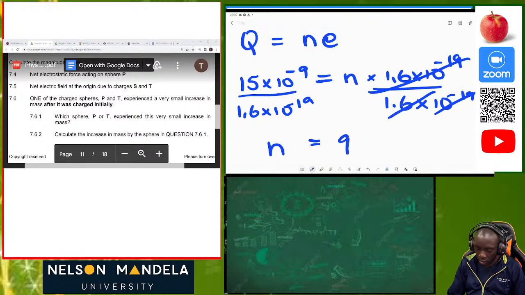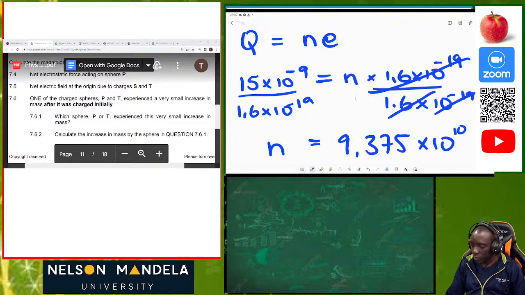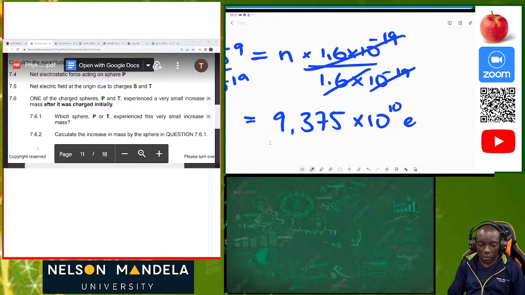This is 9.375 times 10 to the 10 electrons. So this is the number of electrons.